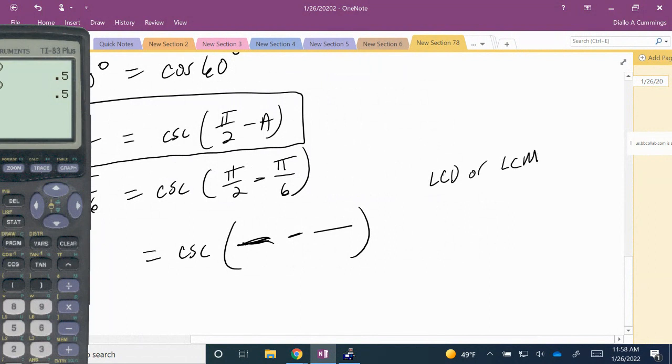For the least common multiple, the multiples of 2 are 2, 4, 6, 8, 10. It keeps on going. The multiples of 6 are 6, 12, 18. It keeps on going. So my least common multiple is 6, right?